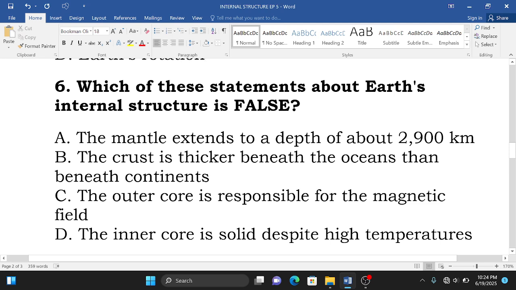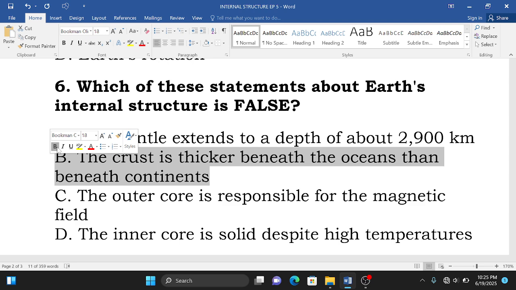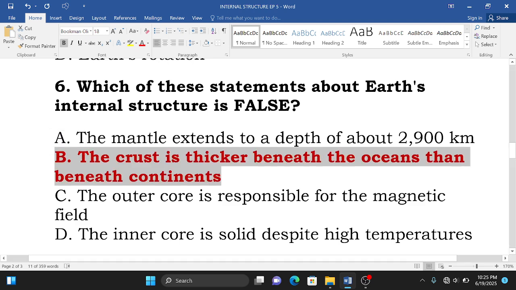B. The crust is thicker beneath the ocean than beneath the continent. C. The outer core is responsible for the magnetic field, which is correct. D. The inner core is solid despite high temperature, which is also correct. So the statement which is not correct is this one, B.